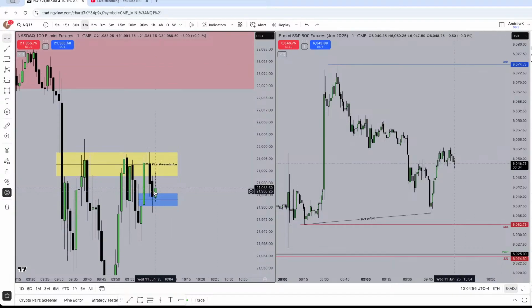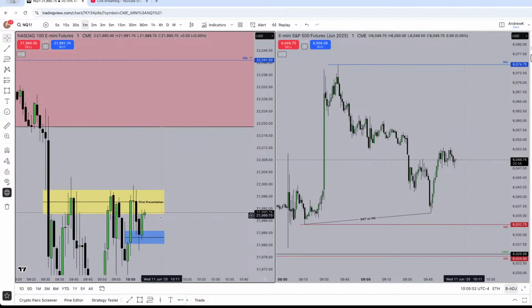But should go ahead. Now it should go ahead and finish. Should finish the job. And it should just snap there. Touches the bottom back of that, and it goes.